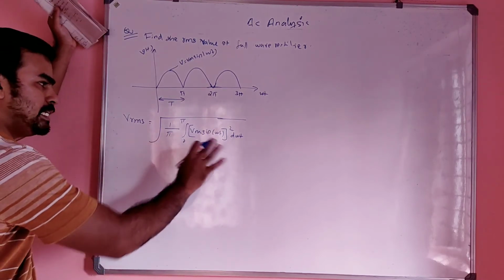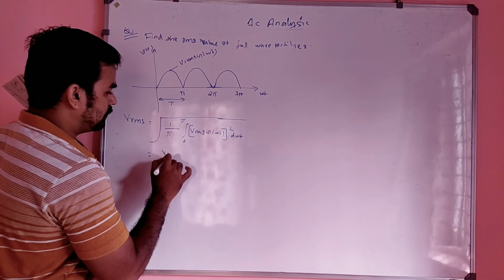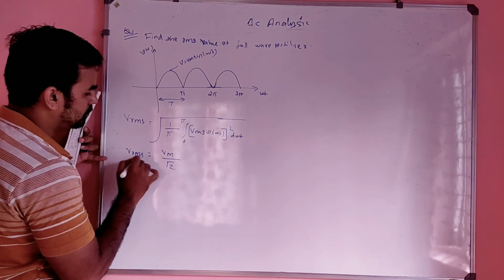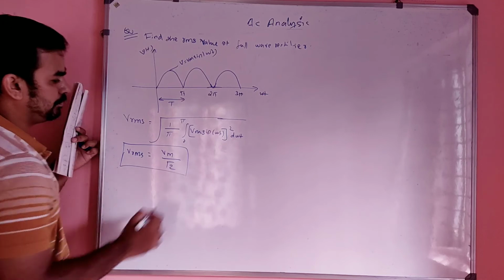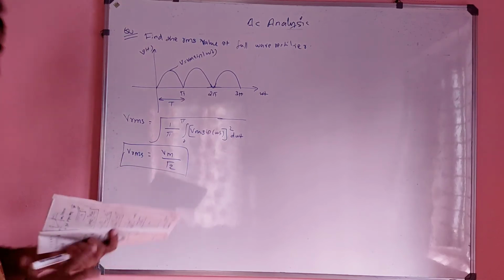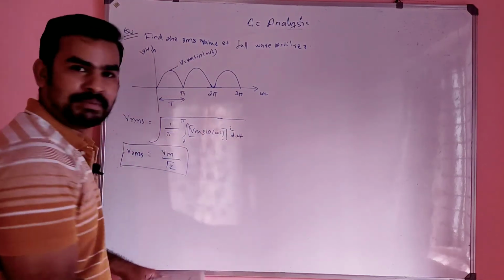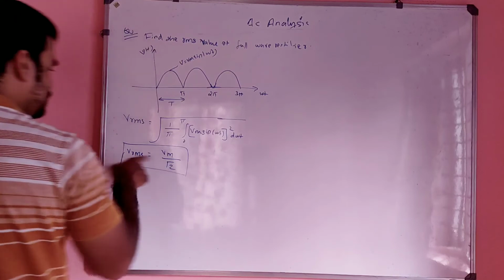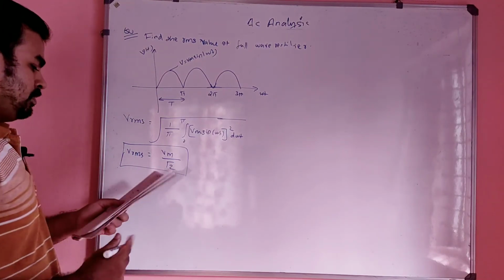If you solve this integration, you will get the answer Vrms is equal to Vm by root 2. You try it at home in a similar manner. Same problem, you have to do it by yourself. That will be the answer: Vrms is equal to Vm by root 2.